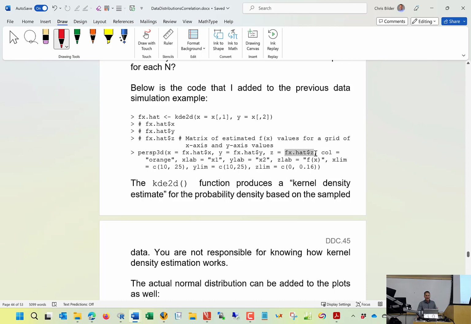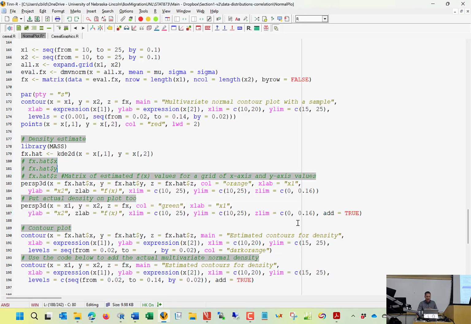What goes on my z-axis are my f of x hat values. And that's how I was able to do this three-dimensional plot. To add my corresponding actual probability distribution itself, I do exactly the same code as before, but now I have add equal true in addition.